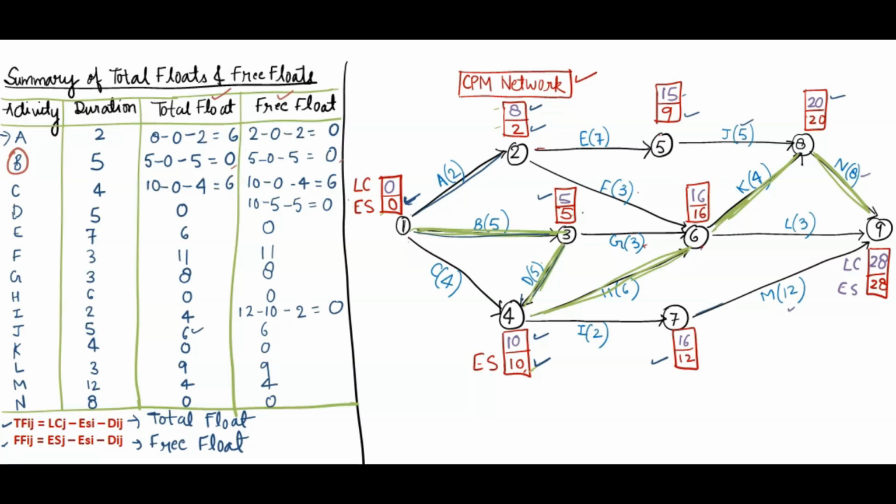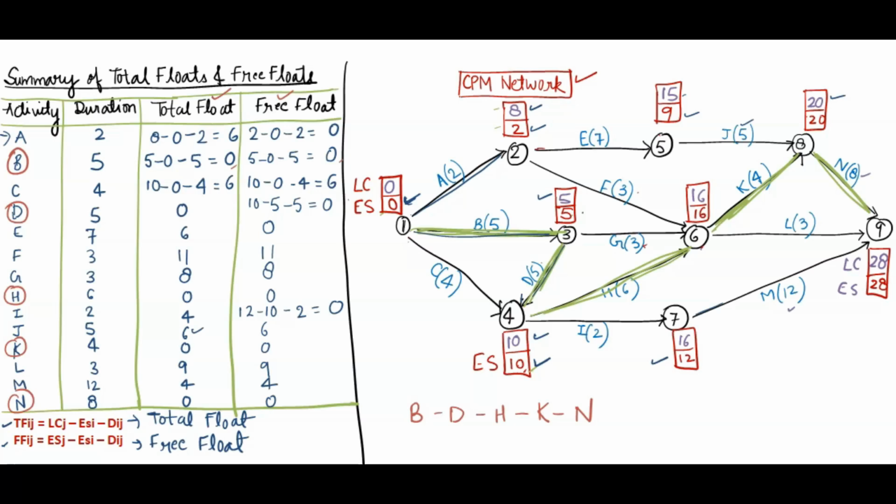For C activity, no, 6, 6. D activity, both are 0. Okay. E activity 6, F 11, G 8, H both are 0. I, J, K both are 0. L, M, N both are 0. So we got B, D, H, K, N.